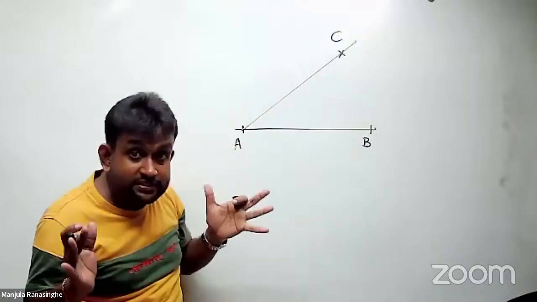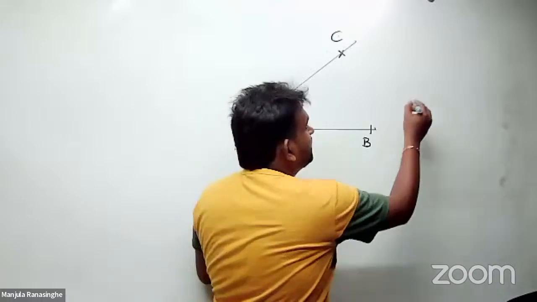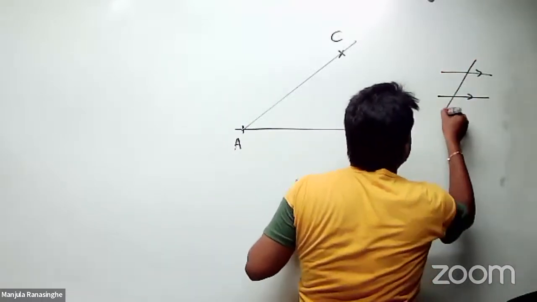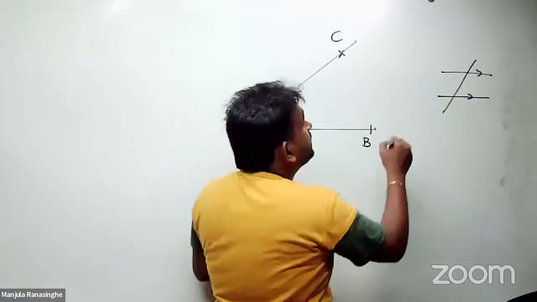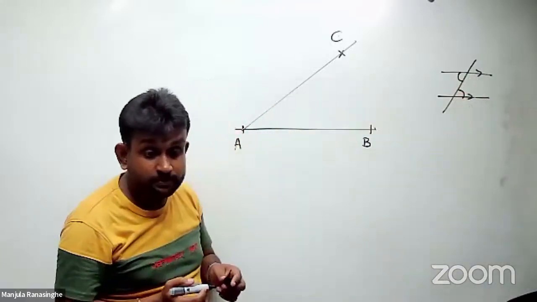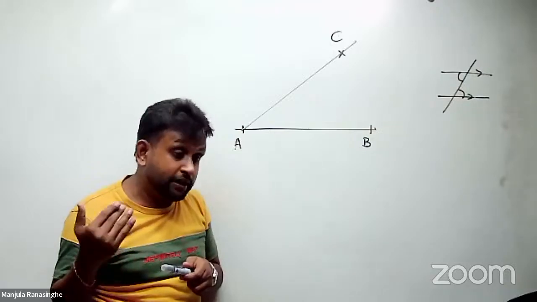So this comes under geometry. The geometry concept says that if two lines are parallel and I draw a transversal, here you can see the Z-shaped angle, what we call the alternate angles. The alternate angles are equal if the two lines are parallel.